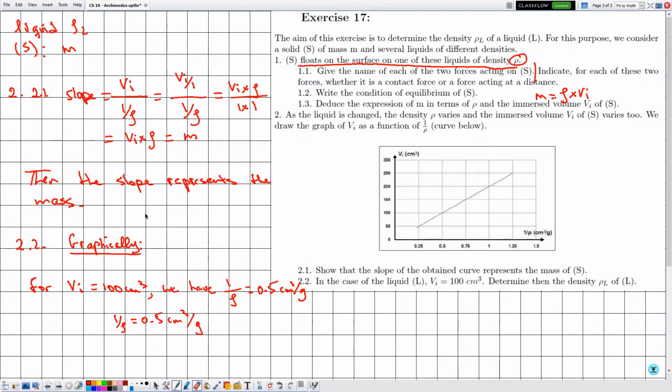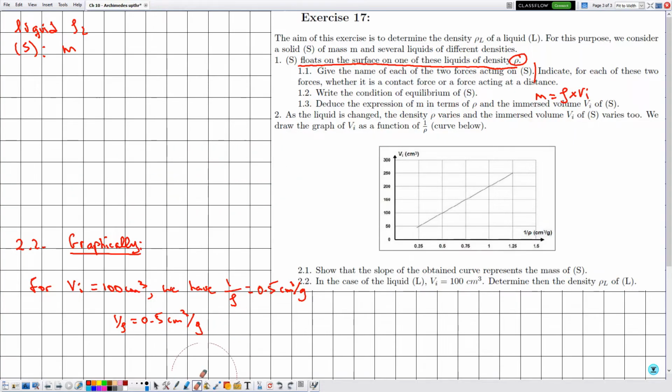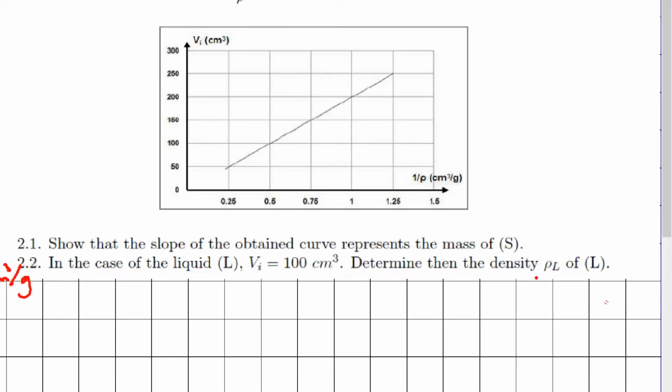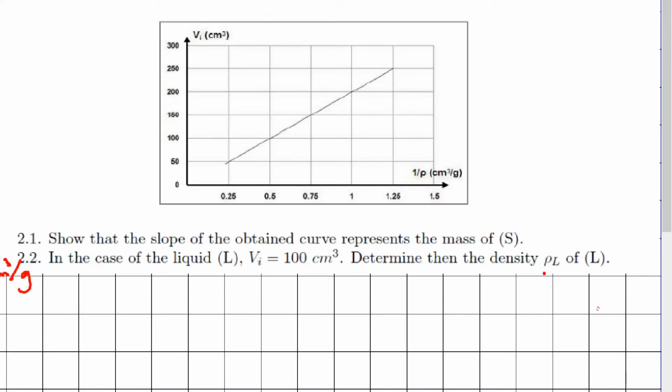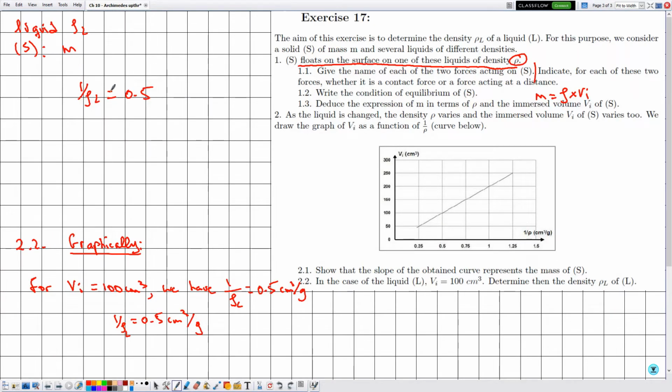So 1 over rho is equal to 0.5 centimeter cube per gram. But we are interested in determining the value of rho, and here the density in this case is denoted by rho L. So 1 over rho L is equal to 0.5.